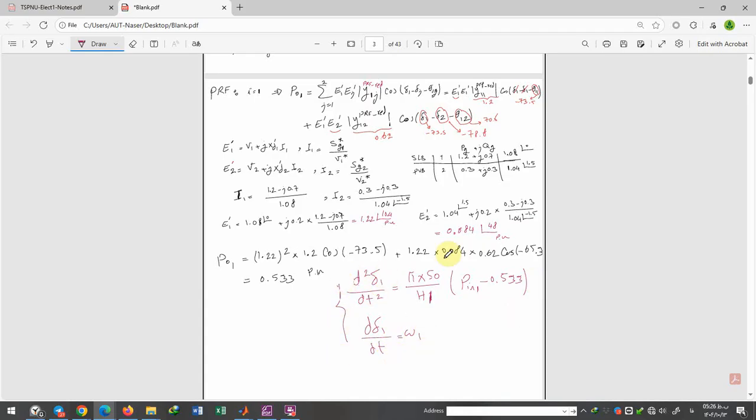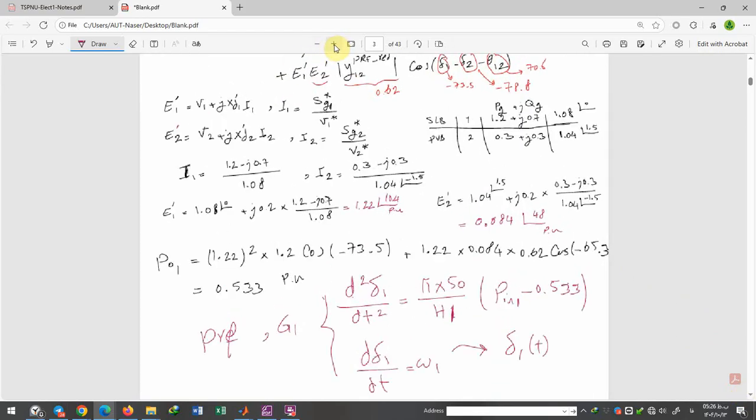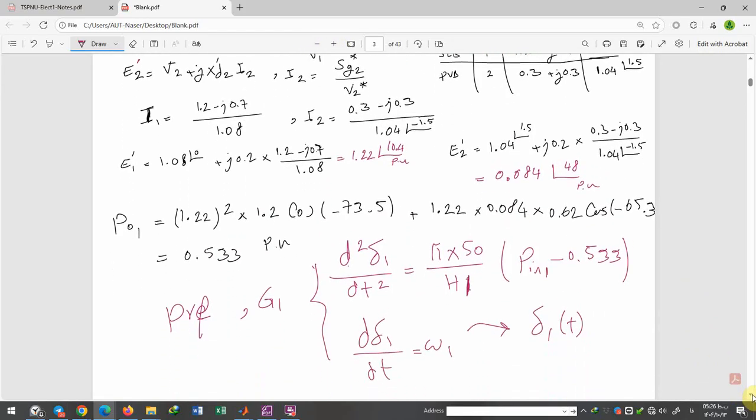This set is for generator 1, G1, in the pre-fault situation, and after solving these equations with many methods, you can find delta 1 of t.